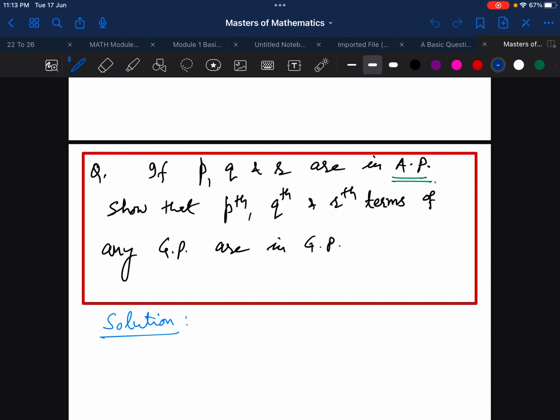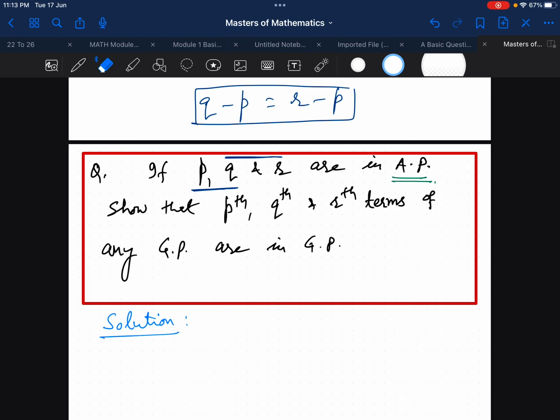We understand that P, Q, R are in AP means Q minus P will be the same as R minus Q, because we know that in AP the common difference is the same, means second term minus first term will be the same as third term minus second term.